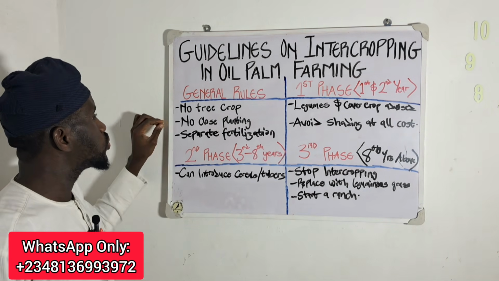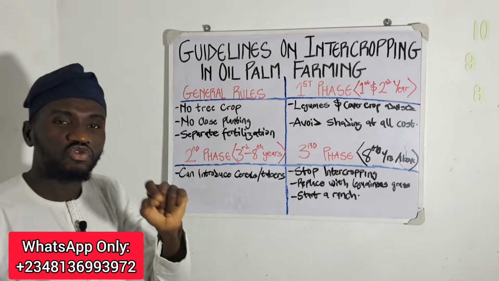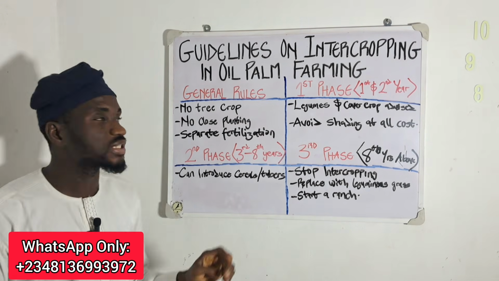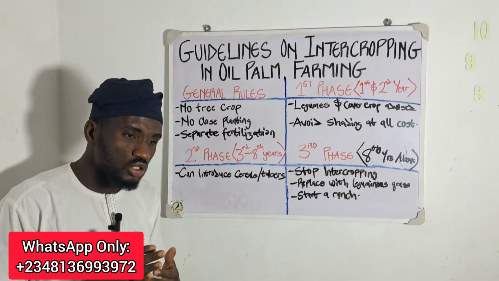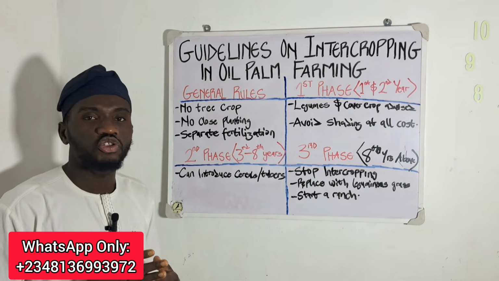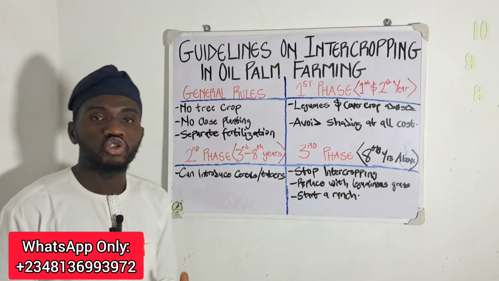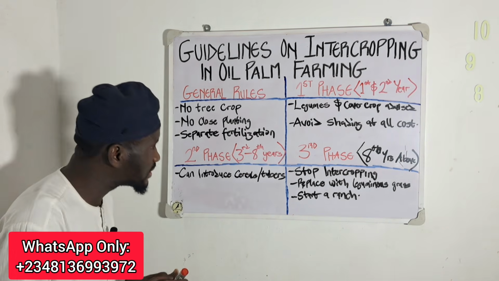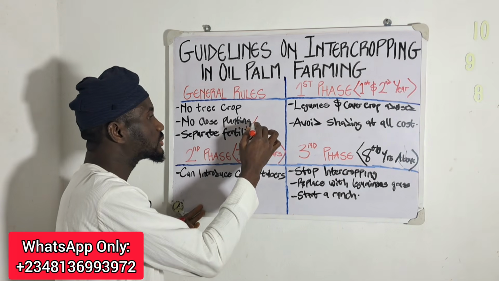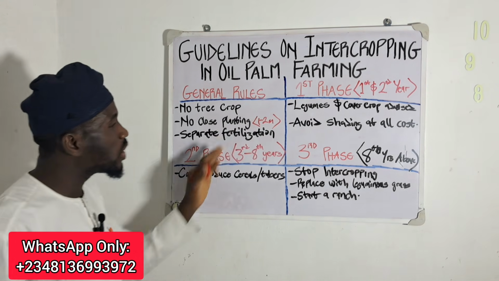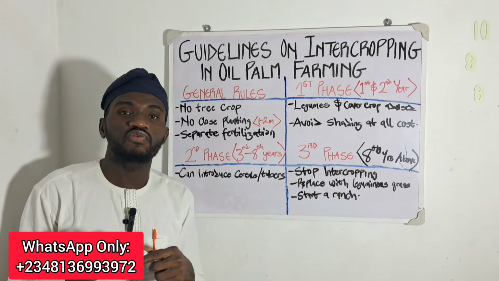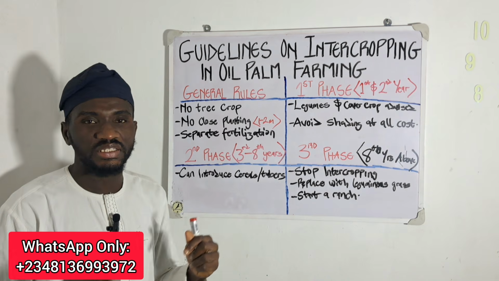The number two general rule we have to be conversant with is no close planting. So you should not, because you want to do intercropping and you just want to cover everywhere up, plant too close. You have to give at least 1 to 2 meters away from the oil palm before you can plant any other thing.